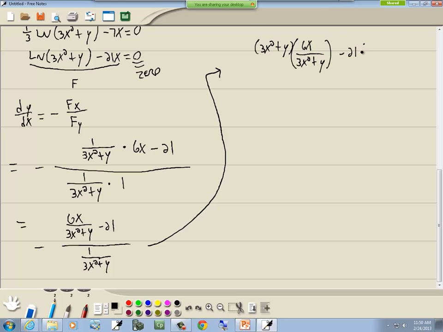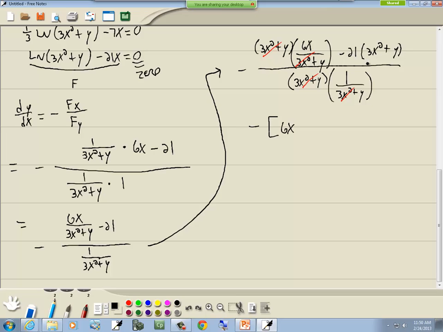Negative out in front, 6x minus 21 times 3x squared plus y, over 3x squared plus y times 1 over 3x squared plus y. Now when you do that, this cancels with that, and this cancels with that. Nothing left on the bottom, so we're going to have a negative applied just to the top. So we got 6x.